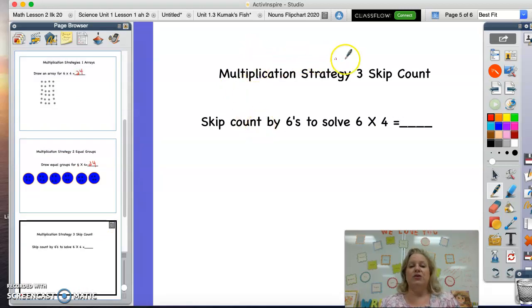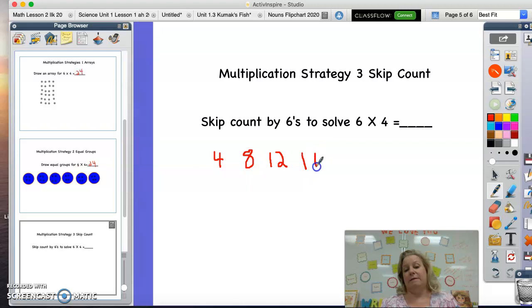All right, so multiplication strategy number 3 is to skip count. So what we can do is skip count by 4 six times. So 4, and then another 4 would be 8, and another 4 would be 12, another 4 would be 16, another 4 would be 20, and then another 4 would be 24.